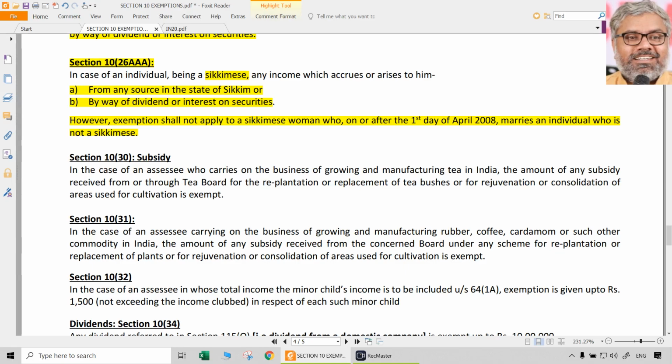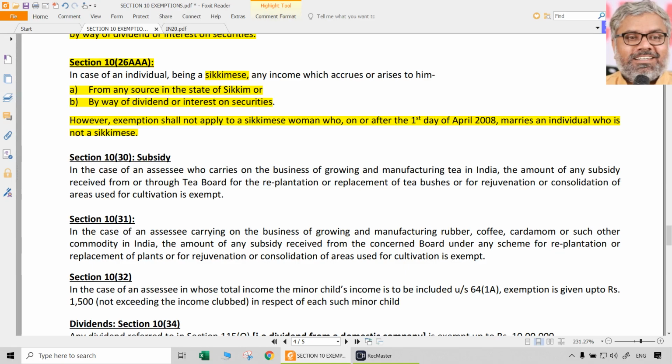If a Sikkimese woman marries an individual who is not a Sikkimese, then that woman cannot get this exemption. It is definitely a very gender biased provision. Can't help it. Law is law. Whatever is there, it is there. So what happens if a Sikkimese man marries a non-Sikkimese woman?